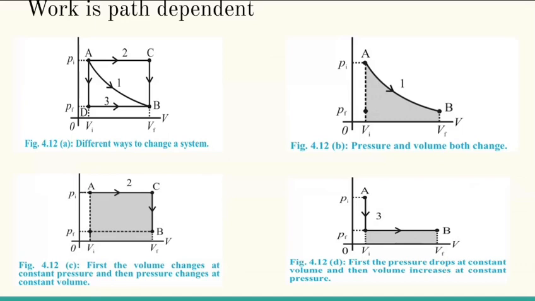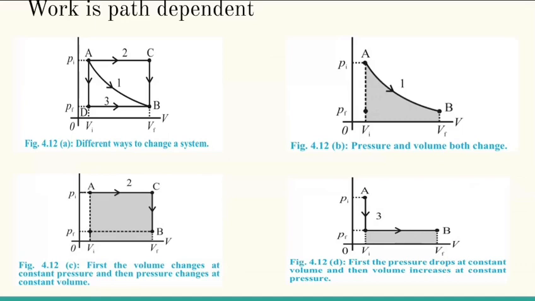So for every graph there are different processes here, and if you want to calculate work done in all these processes, we know that the area under the curve gives you work done.